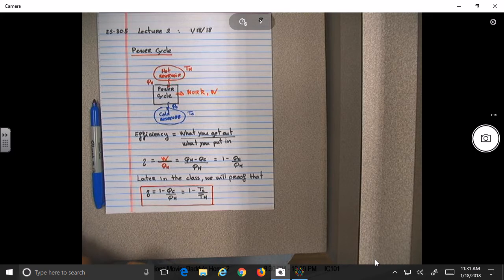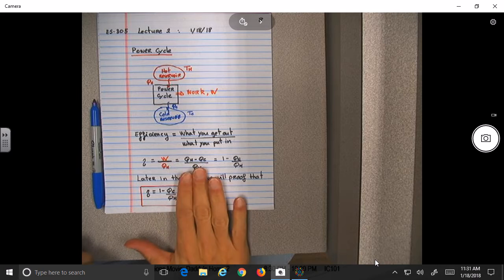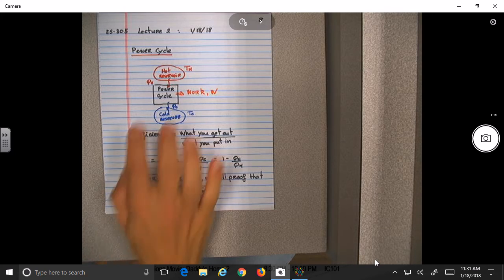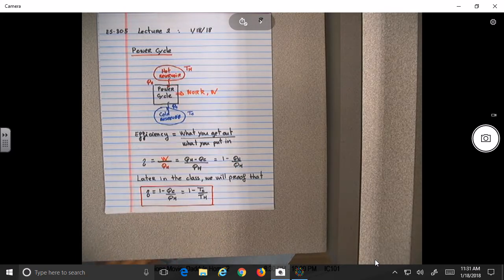And also, this is an equal sign here. This is true just in an ideal case, okay? Otherwise, you need to leave it this way. But here, what's important, I think one of the most important concepts from this class, is that every engine is working between two different temperature reservoirs, no?